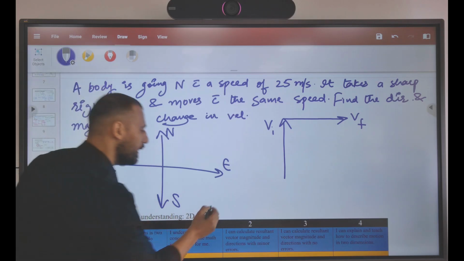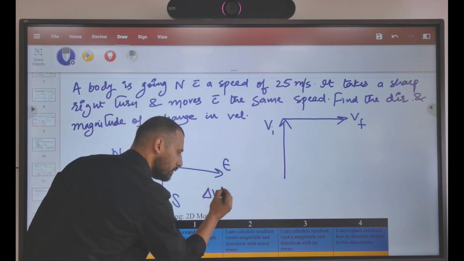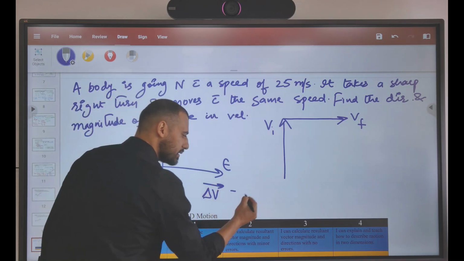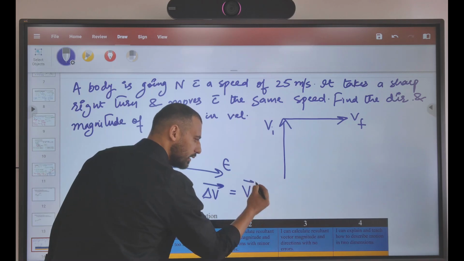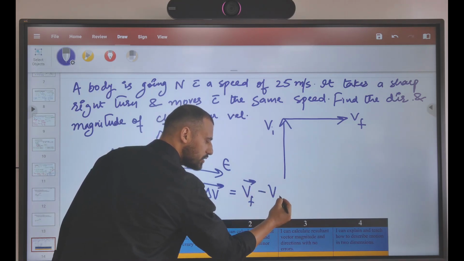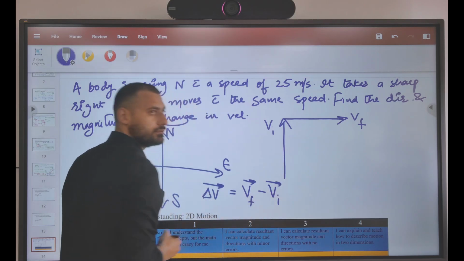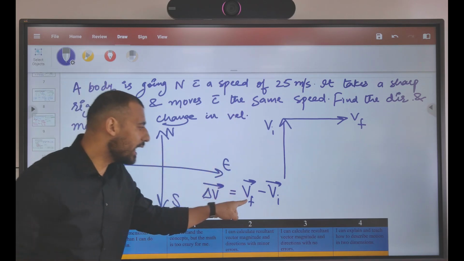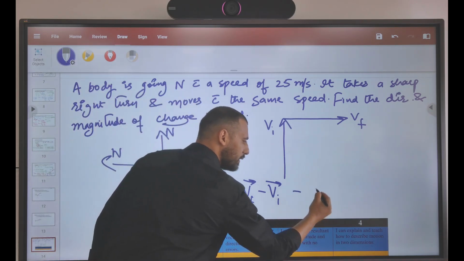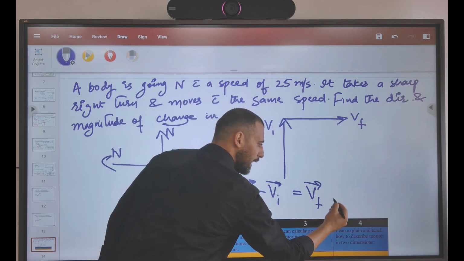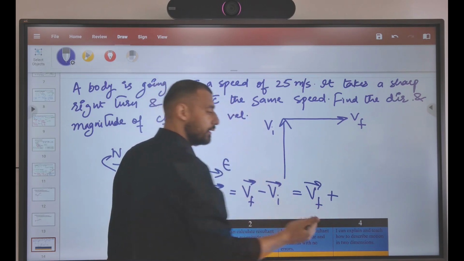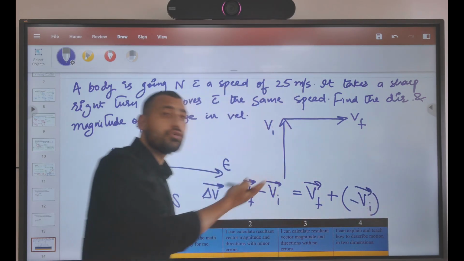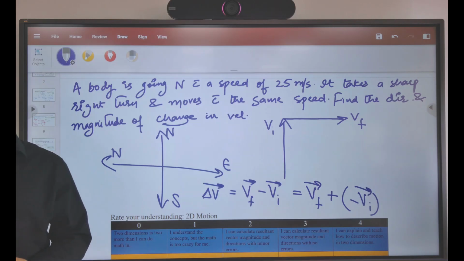So we have to find the change in velocity. Now you know change is given by final velocity minus initial velocity, correct? So we have to understand, very important. We have to add to the final the negative of the initial, isn't it? So we have to draw negative initial velocity.